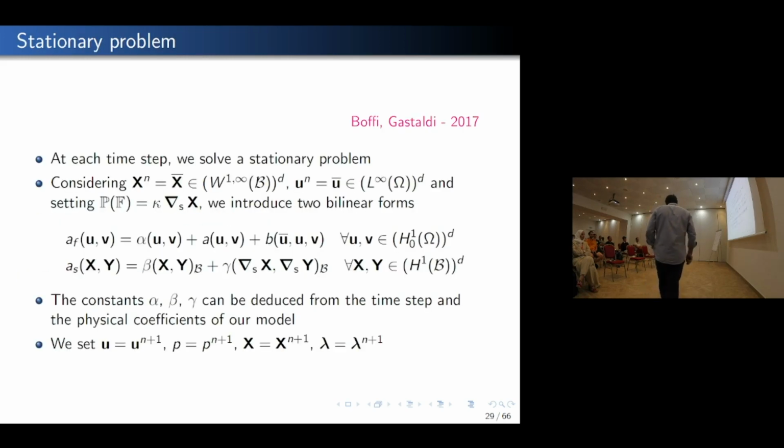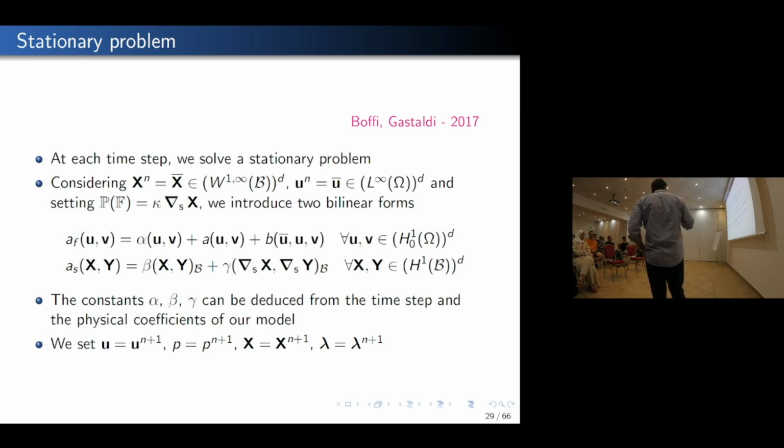Stationary problem. Now we move to the stationary problem. Basically, the time semi-discretized problem can be seen as a sequence of stationary problems. So at each time step, we are solving a stationary problem.